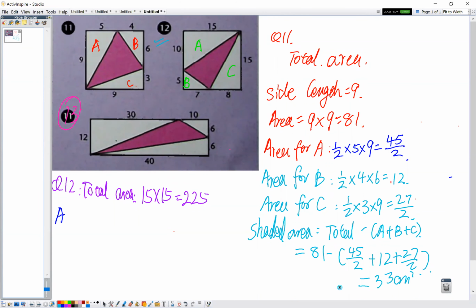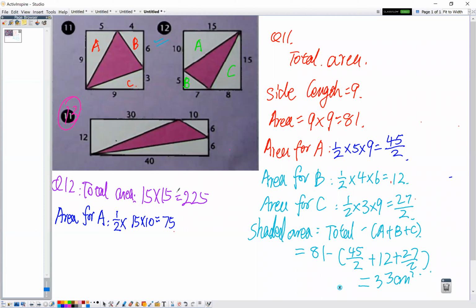Area for A, we need to find out the area, which is half times base times height, half times by 15 times by 10. Answer is 75 centimeters squared.